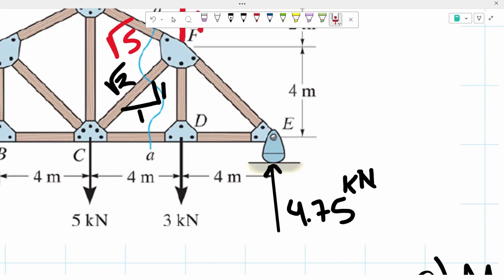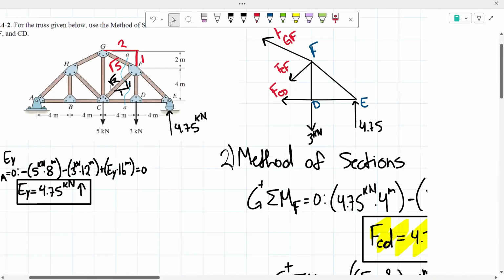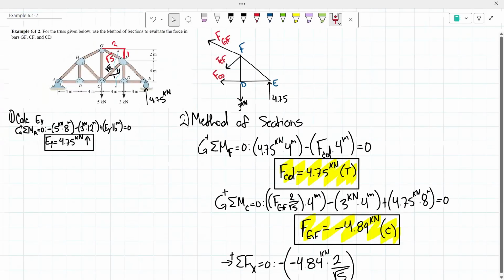Now, if you were to deal with the vertical component, it would also be 1 over the square root of 2, but that's simply just because it is a 1, 1, square root of 2 triangle. Remember, I'm going to be using this one since we're dealing with the horizontal component of it. So since I assume that it's going to be in tension, it is slanted to the left.